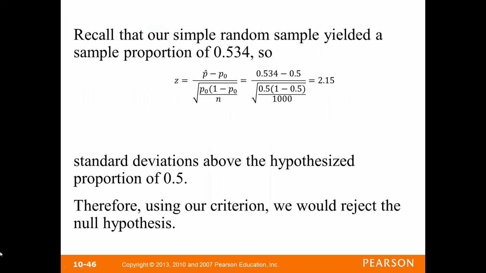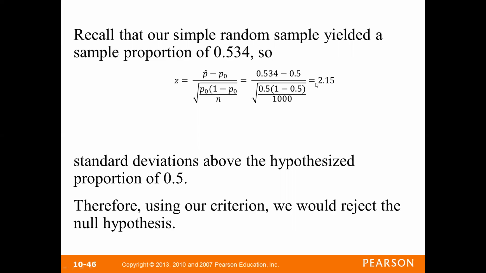So we'll see how many standard deviations our observed sample proportion is away from the hypothesized proportion. We'll look at p hat minus the hypothesized proportion p naught, divided by the square root of p naught times 1 minus p naught over n. That's going to give me a z-score of 2.15.